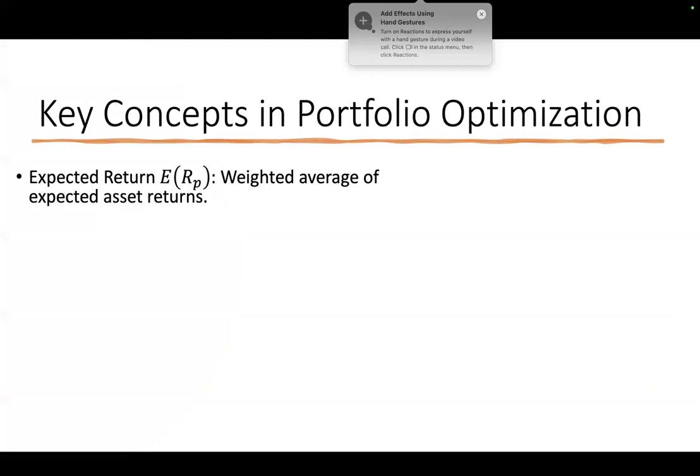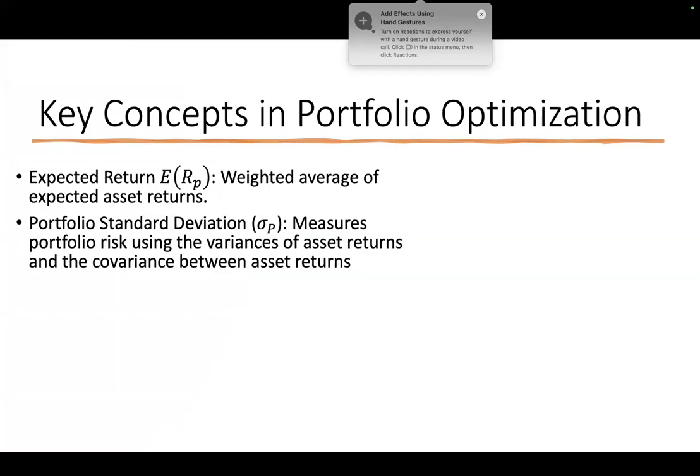That P stands for portfolio. So expected return of not only one stock, but the whole portfolio itself. Portfolio standard deviation, that's the Greek letter sigma, lowercase sigma, measures portfolio risk. So not one stock's risk, but the whole portfolio's risk using variance of asset returns. And another thing we'll be talking about a lot is covariance between asset returns.